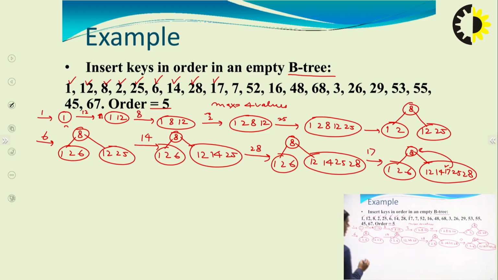Now it will be like this: 8, 17, here will be 1 to 6, here will be 12, 14, and here will be 25 and 28.